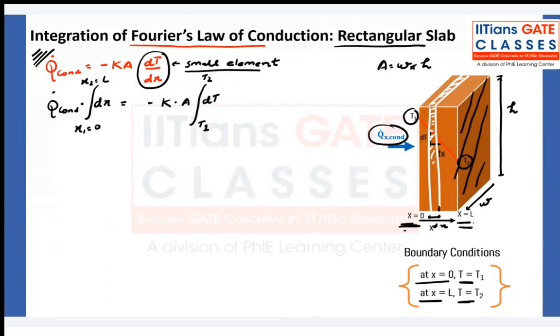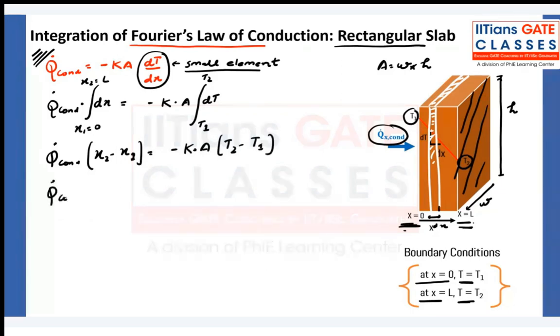Okay, chalo. So when you do that, what will you get? Q dot conduction, x2 minus x1, is equal to minus K A (T2 minus T1). Now, what is this? I know that x2 is equal to L and x1 is 0.